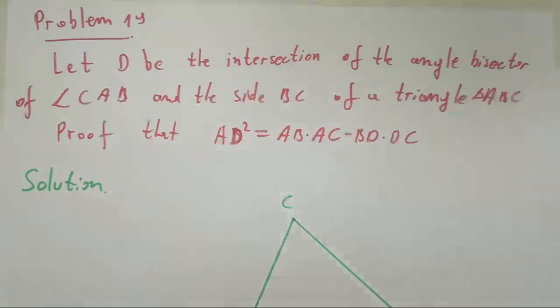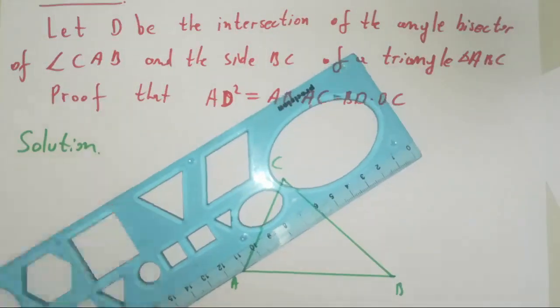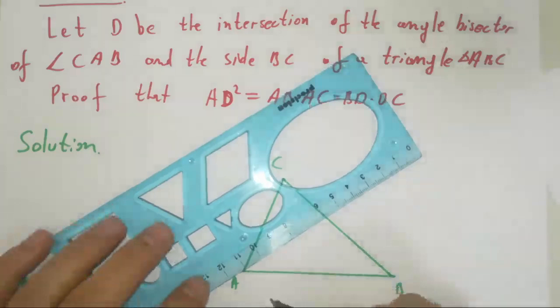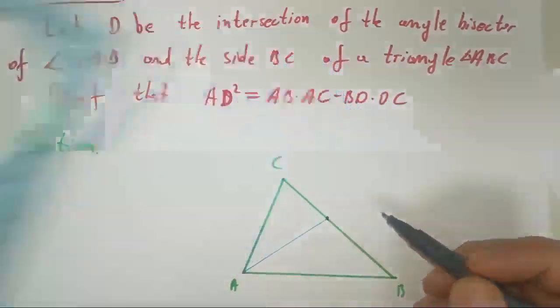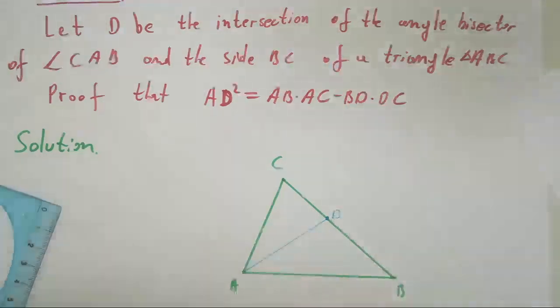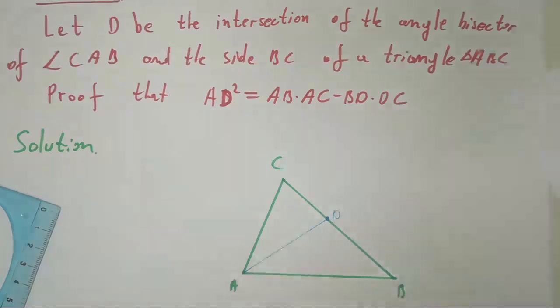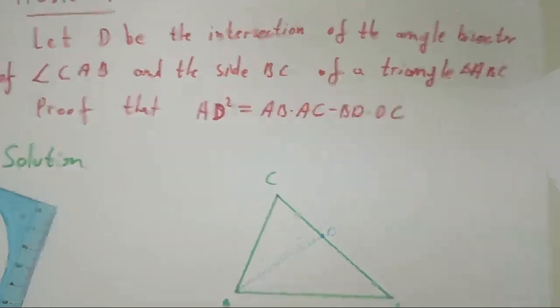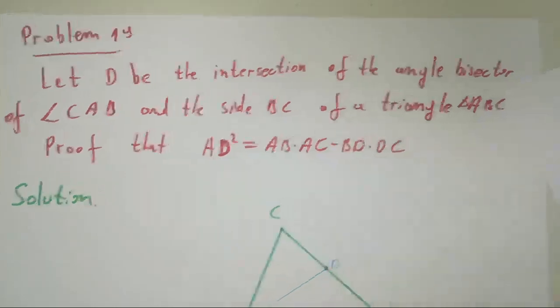So basically it's this one. This is point D. Prove that AD squared is AB times AC minus BD times DC. You will have now more than 5 minutes. Let it be 8 or 10.